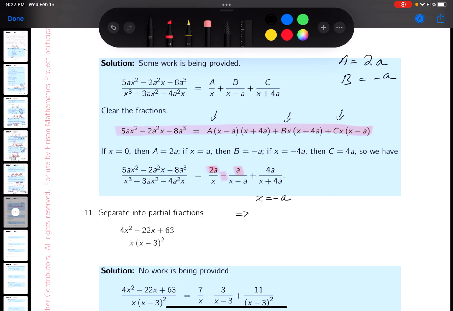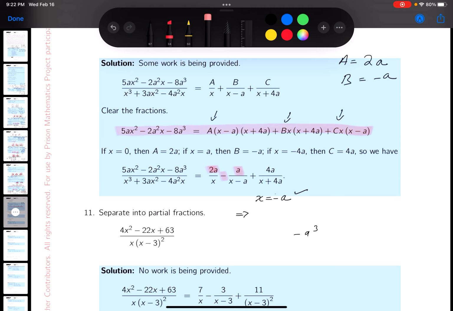What are you going to get? 5a cubed. Then you're going to get plus 2a cubed minus 8a cubed. And that's if I chose the minus a. That's going to give you minus a cubed. All right, I'm going to erase this. I'm done with this.